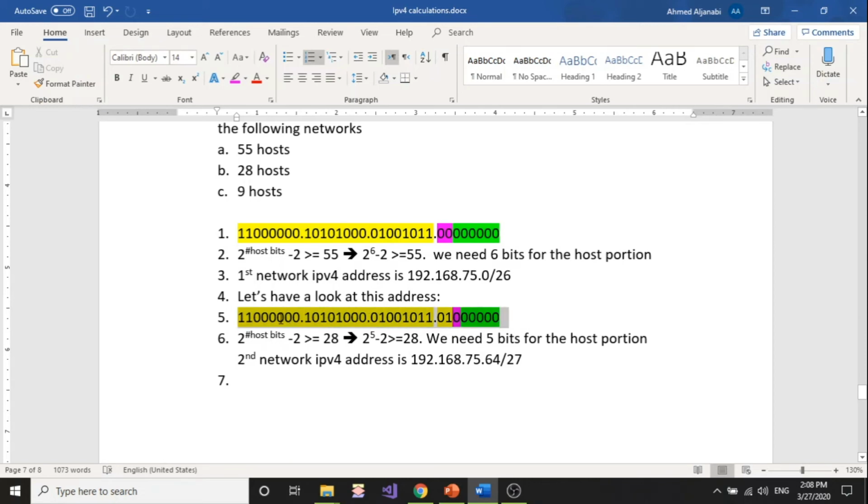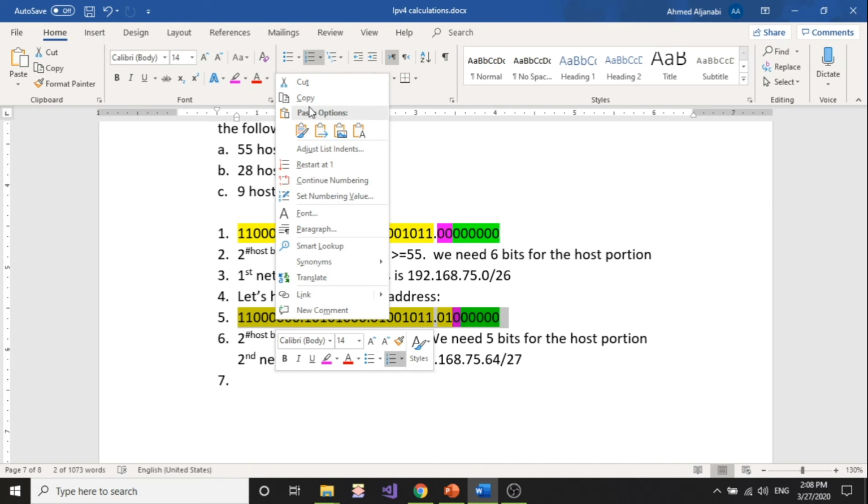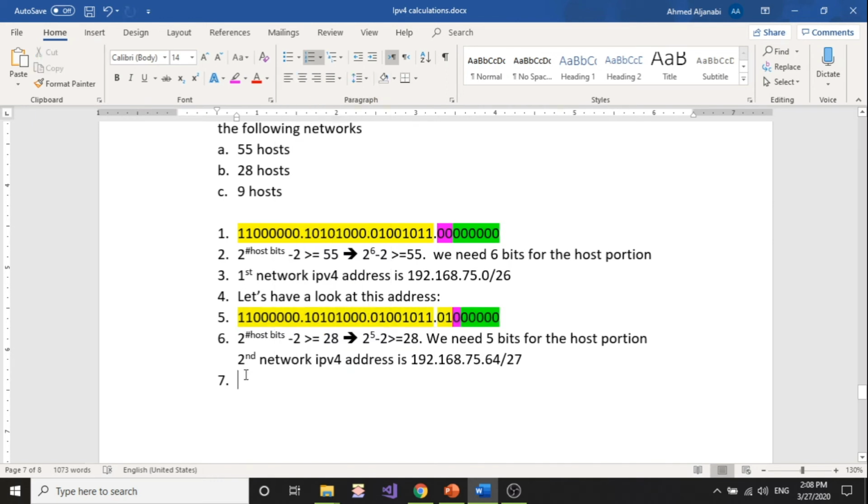This is very important. What I'm going to do, I'm going to take this, put it here, and I am going to change this 0 to be yellow. But just remember, since 0 has already been used here, I'm going to change it to 1. So this is the next available IP address for this network when I did the segmentation here.